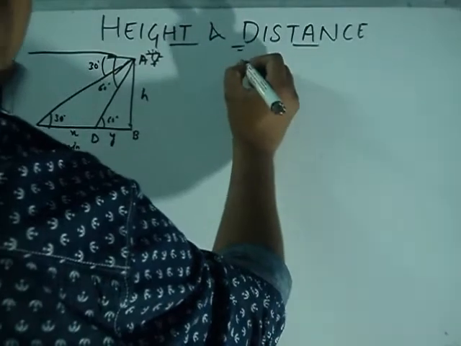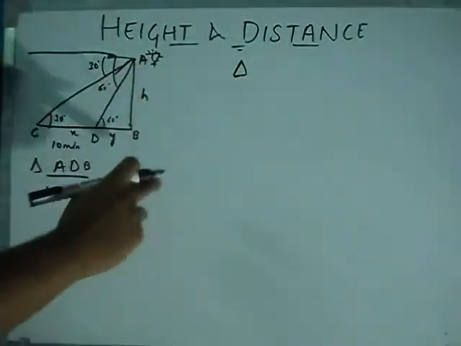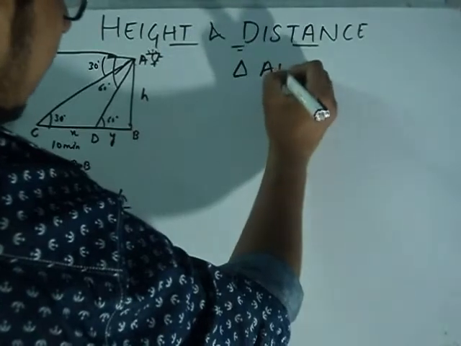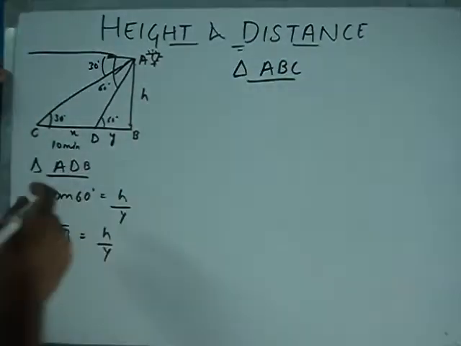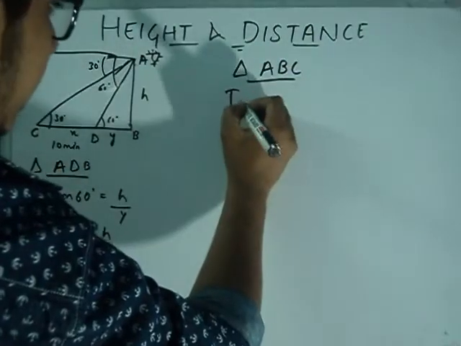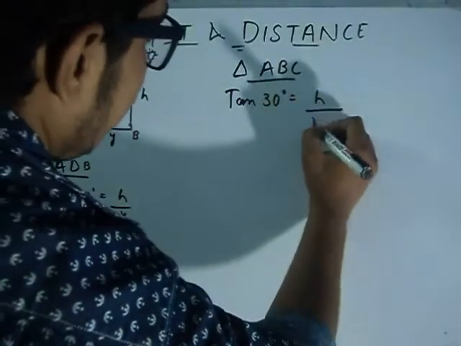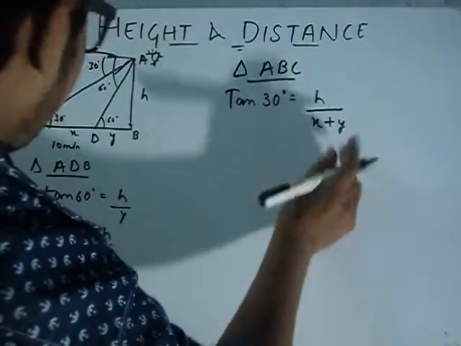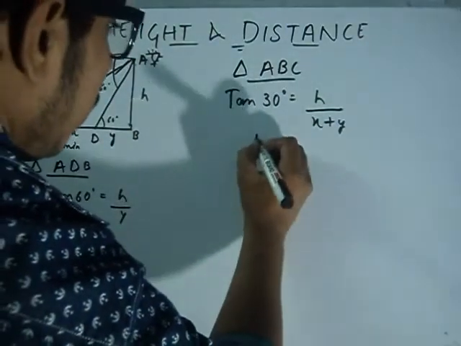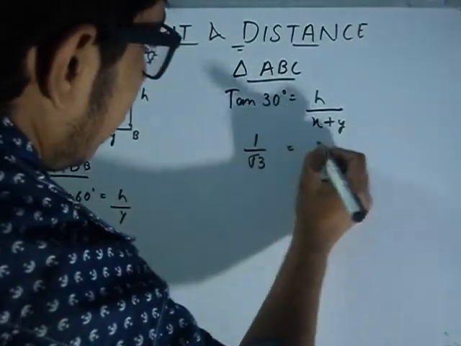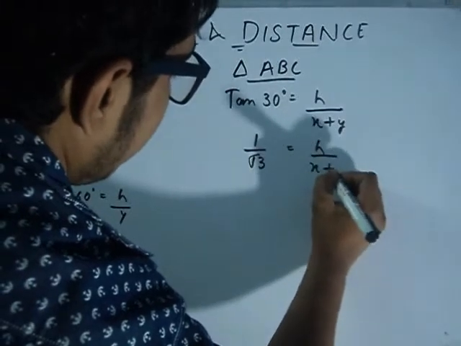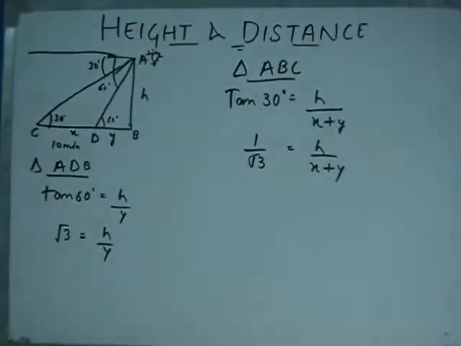Taking now the triangle ABC, what we have is tan 30 is the ratio of h divided by x plus y. Here tan 30 is 1 divided by root 3, so 1 by root 3 equals h divided by x plus y. These are two equations, and we have three parameters.